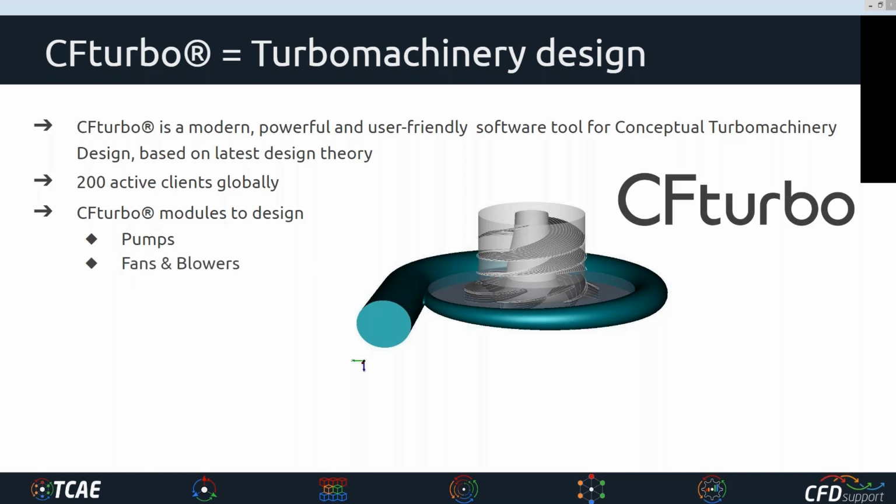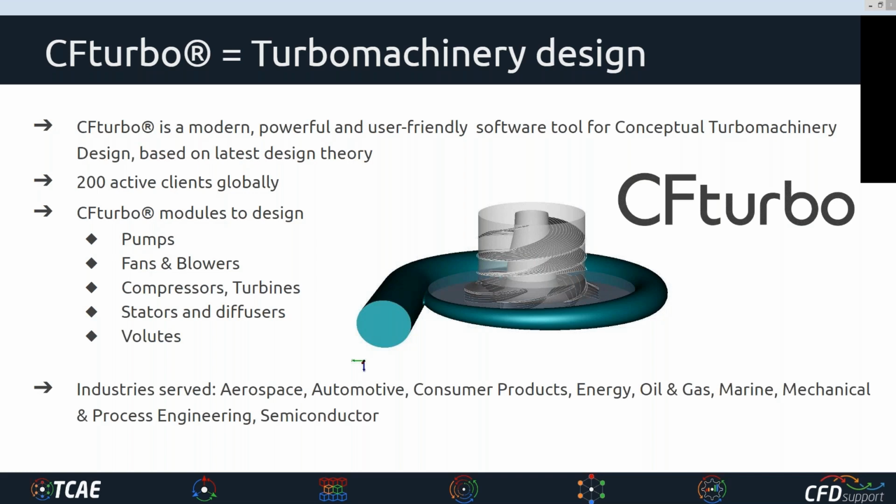Then we have modules for fans and blowers, again both centrifugal and axial. Compressors and turbines can be designed, and of course also other components within complete stages like stators that might be vaneless or might have vanes. And finally, it's important to have also a module to design the volutes for centrifugal turbomachines.